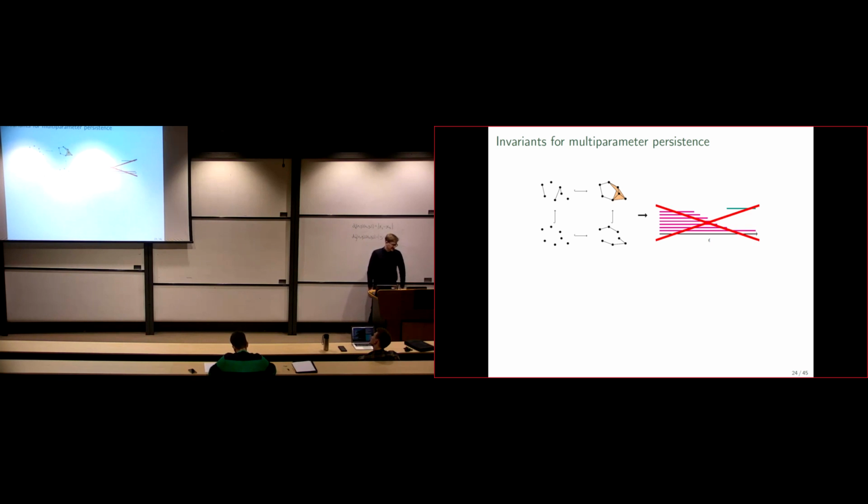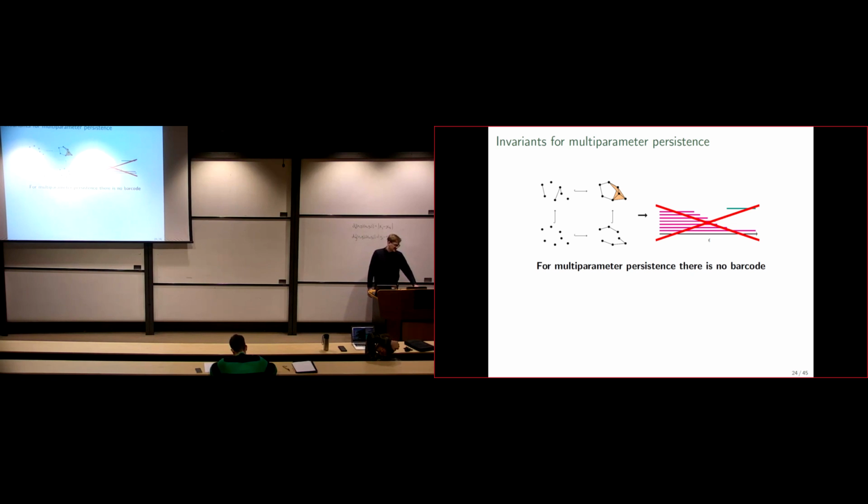But in the multi-parameter case, no such thing exists. This is a problem that has sort of a solution. The solution is that we can't get all topological information out of a persistence module in a way that it's computable and visualizable, but we can get some information out, and hopefully that's enough.